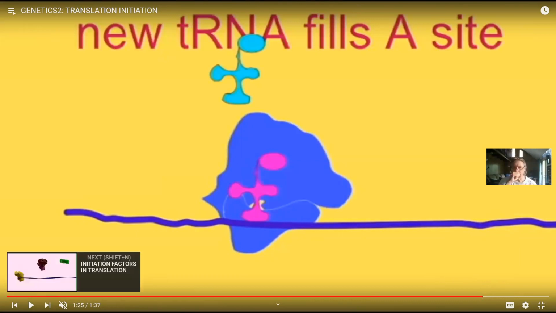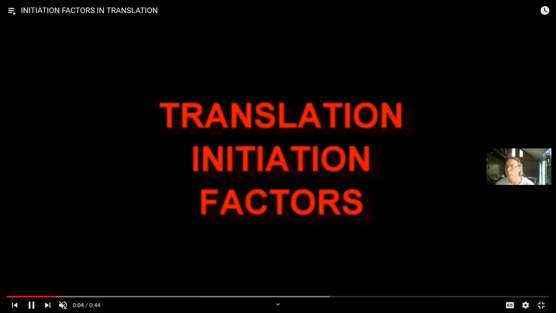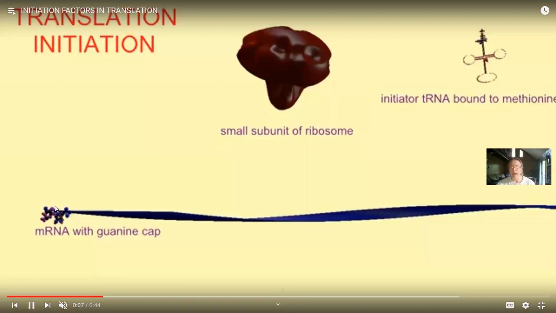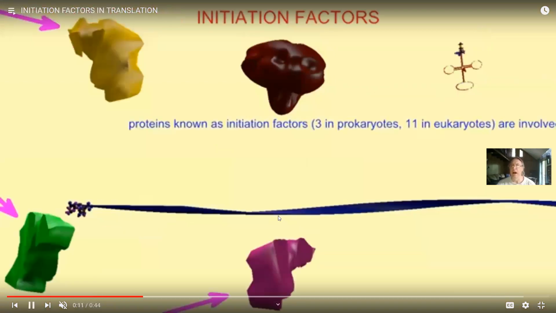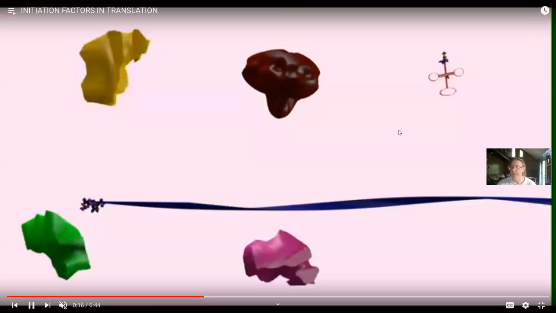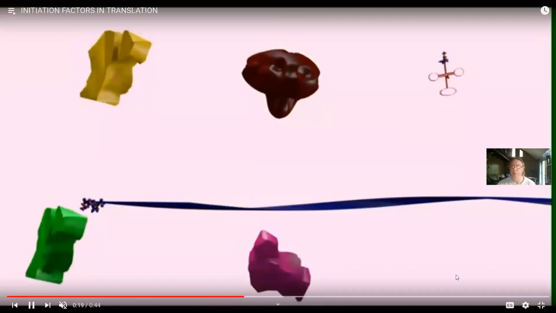Let me repeat that. So once again, there are proteins called initiation factors, which are interacting with the ribosome, the tRNAs, the messenger RNA, etc. So they vary. Eukaryotes have more, 11, as opposed to the 3 in prokaryotes.